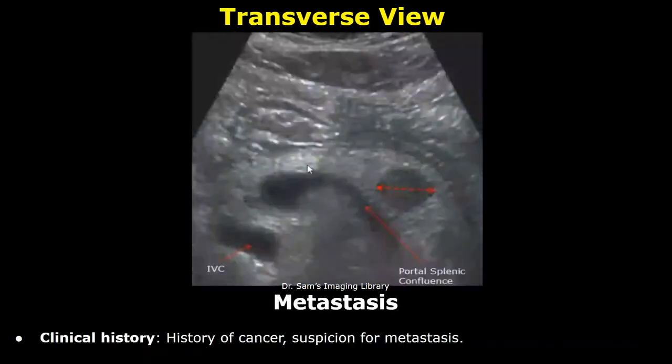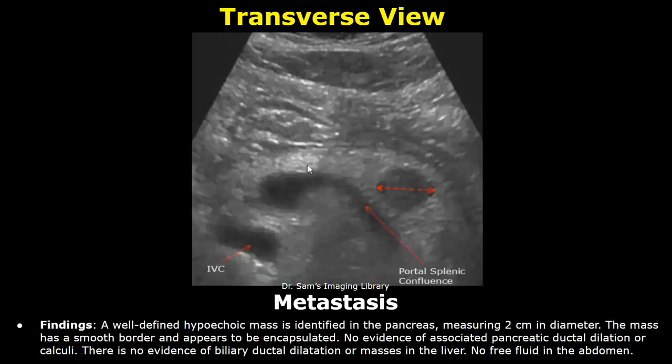Now we will look at metastasis. The clinical history here was history of cancer and suspicion for metastasis. In the findings for this example, a well-defined hypoechoic mass is identified in the pancreas and it was 2 centimeters in diameter.